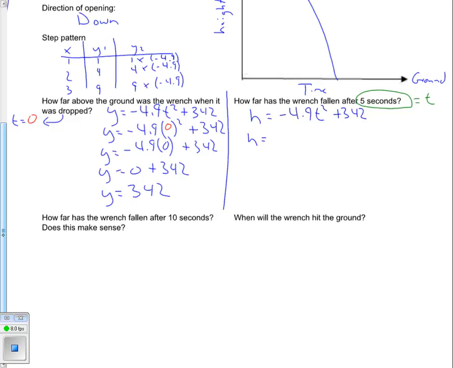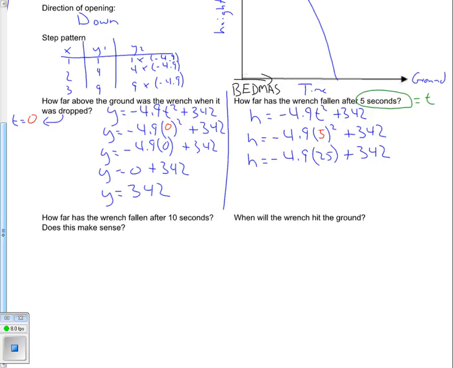So h is equal to negative 4.9 times 5 squared plus 342. 5 squared is 25, plus 342. So we're using our BEDMAS skills here. We've done our exponents.